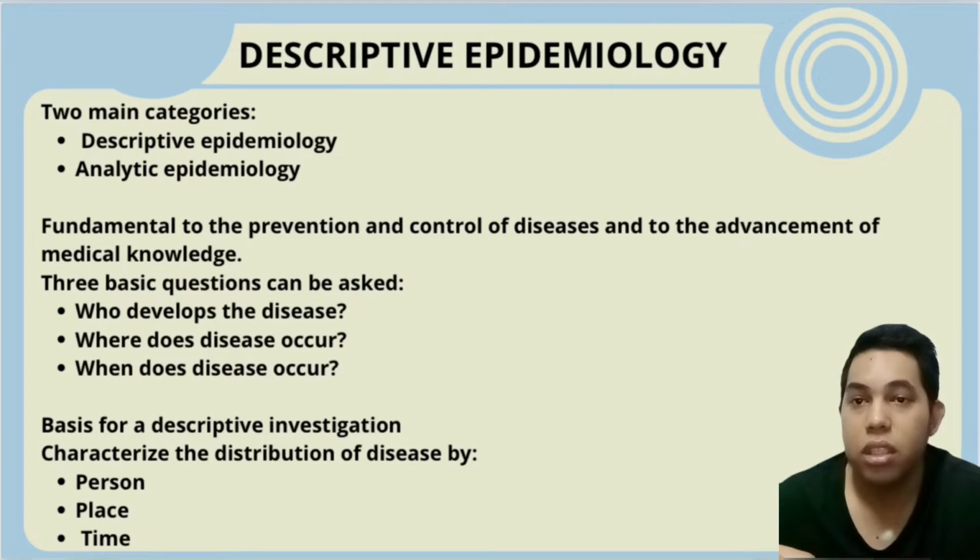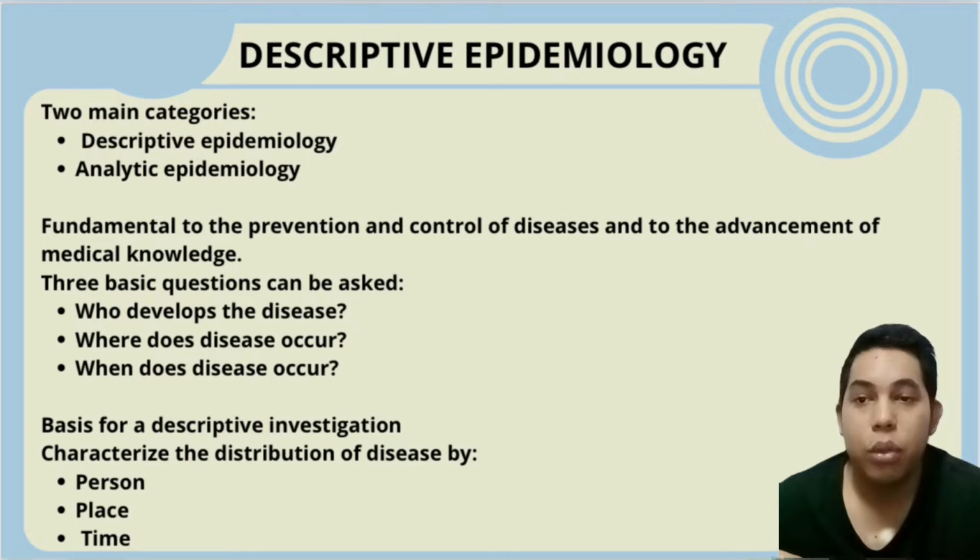Measures of disease occurrence. The tools for descriptive epidemiology are used to characterize the population distribution of disease. Toward that end, three basic questions can be asked. Who develops the disease? Where does disease occur? And when does disease occur?